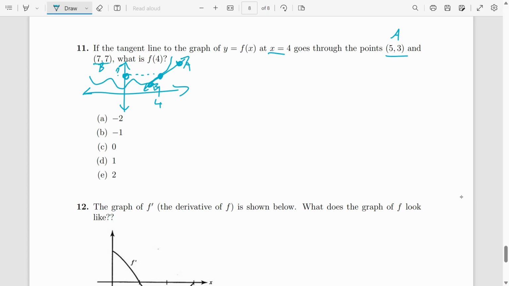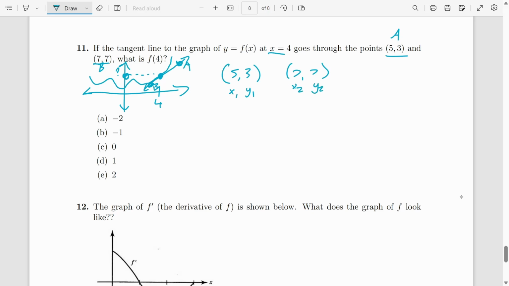How do we find the equation of a line that passes through 2 points? It's a two-parter. First, we find the slope based on these 2 points. Let me write this a little bigger: (5, 3) and (7, 7). This is x1, y1, and x2, y2.